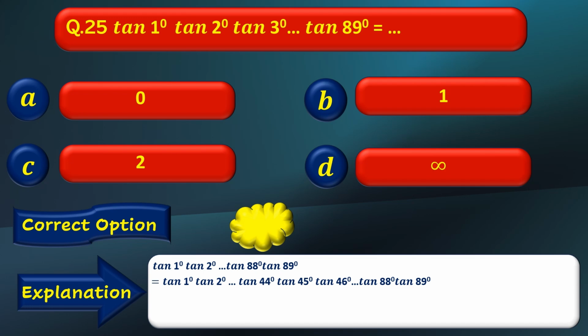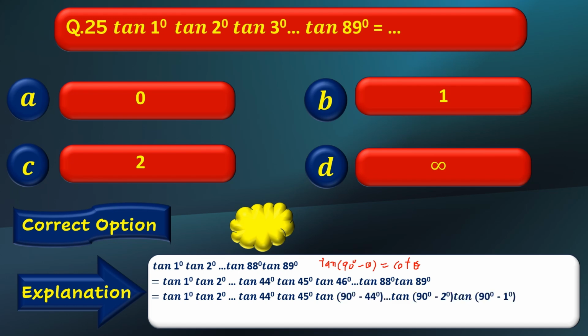Now we know that tangent (90 minus theta) can be written as cotangent theta. We apply this concept and we rewrite the expression as tangent 1 degree, tangent 2 degree, tangent 44 degree, tangent 45 degree. Now here tangent 46 degree has been written as tangent (90 minus 44).